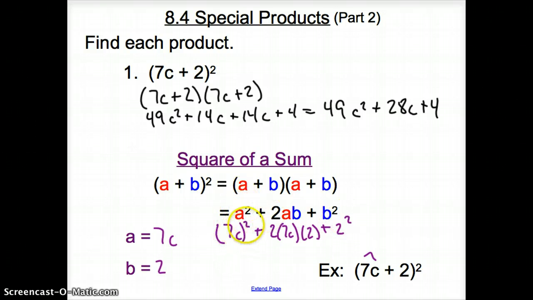Simplified again, this square goes to the 7 and to the c, so it's 49c squared plus 2 times 7 times 2 now is 28c plus 4. We come up here and here with the exact same thing.